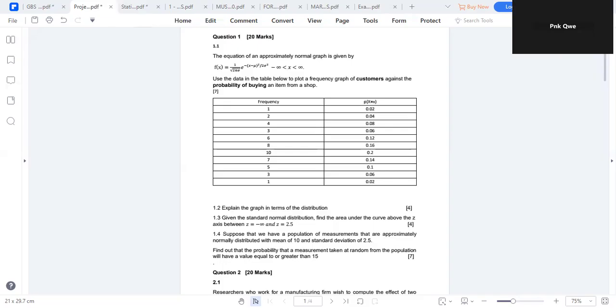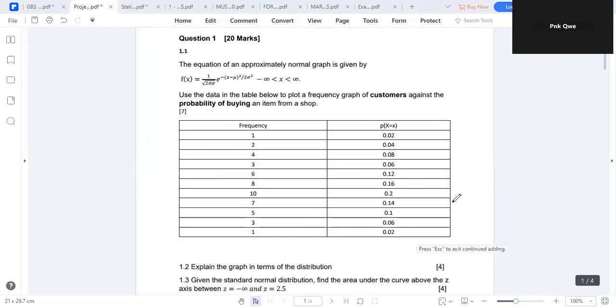So we're given the following. We are told that the equation follows a normal distribution. This is a Gaussian formula. And we're given the frequency of customers against the probability of buying. Explain the graph in terms of the distribution.